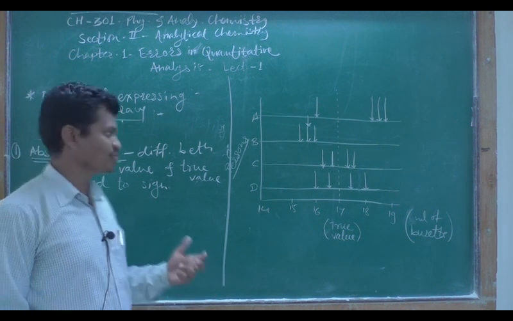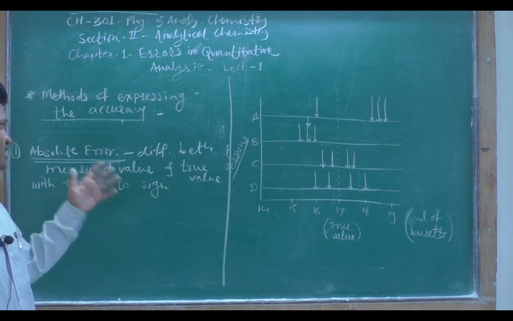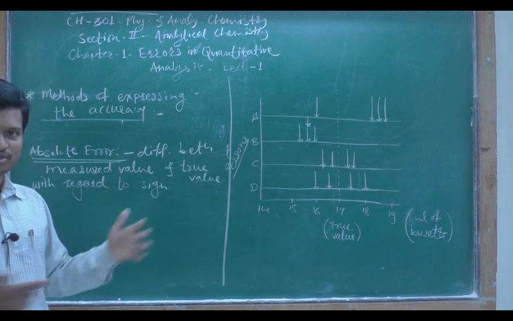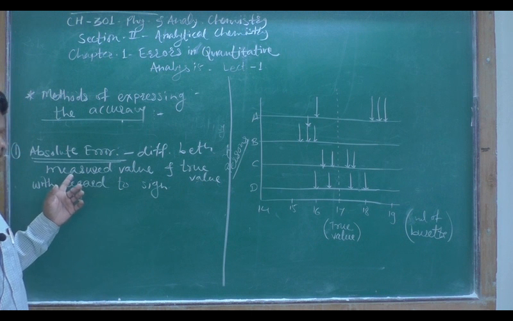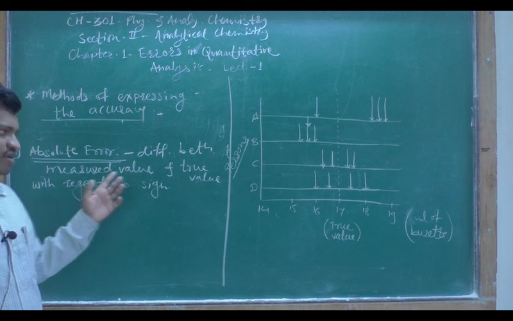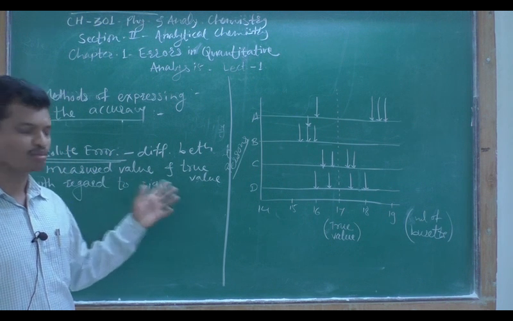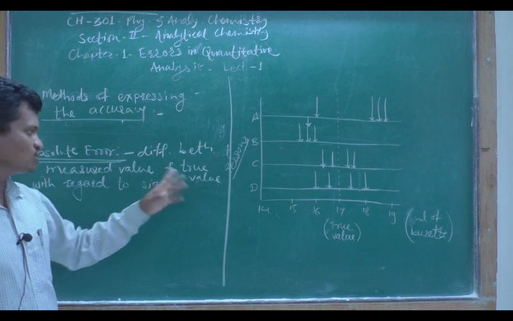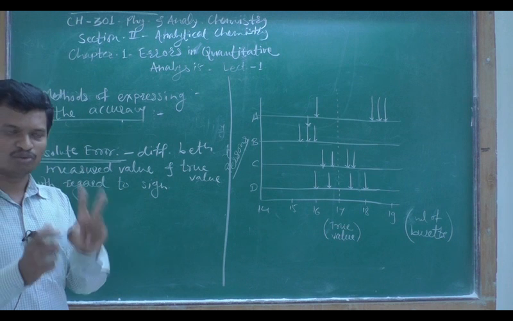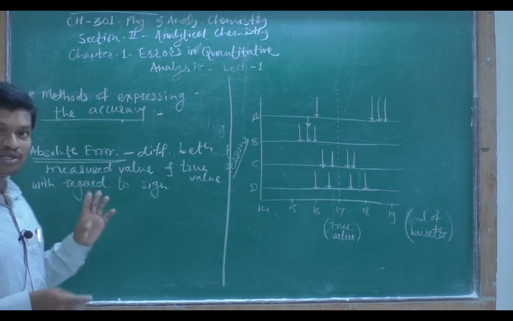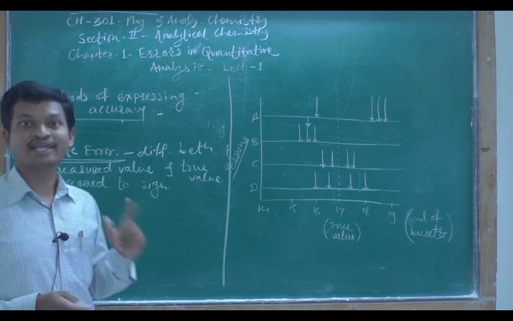So what is the definition? Absolute error can be defined as the difference between the measured value, or observed value, and the true value. One is the observed value and the other is the true value, and with regard to sign means the sign is important here.